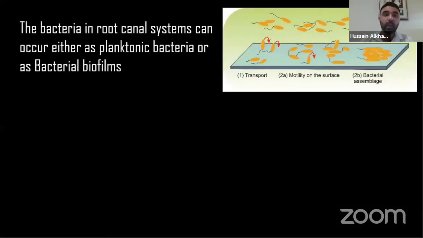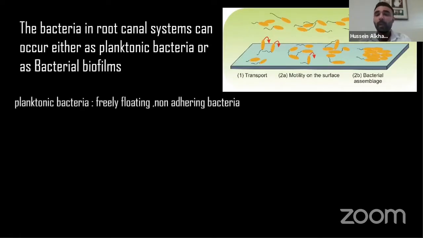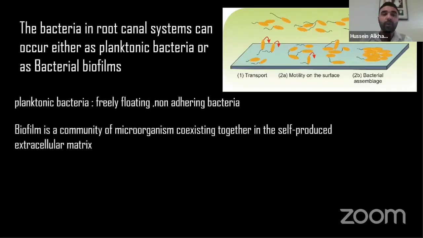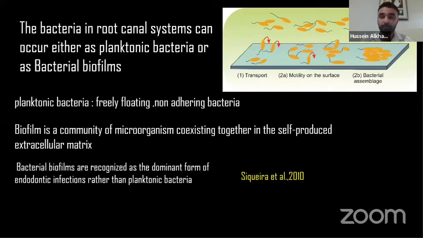The bacteria in the root canal system can occur either as planktonic bacteria or as bacterial biofilm. What do we mean by planktonic bacteria? Planktonic bacteria are freely floating, non-adhering bacteria, while biofilm is a community of microorganisms coexisting together and self-producing an extracellular matrix.